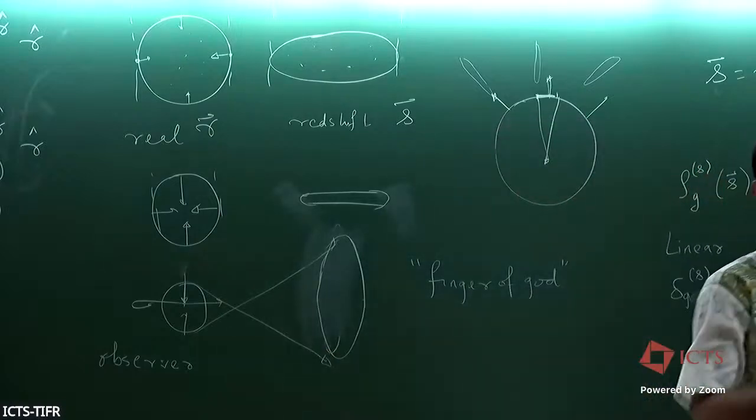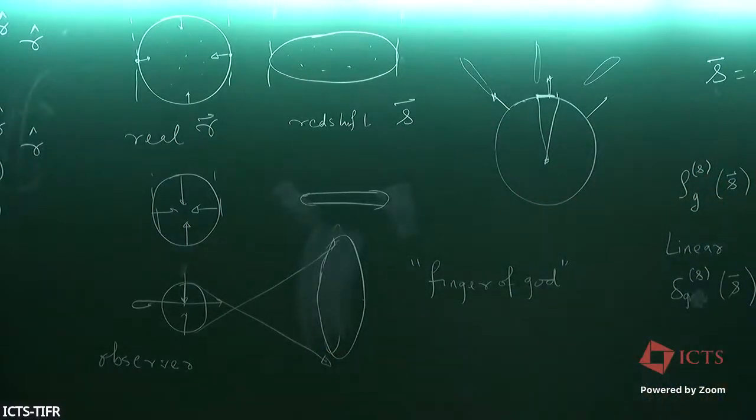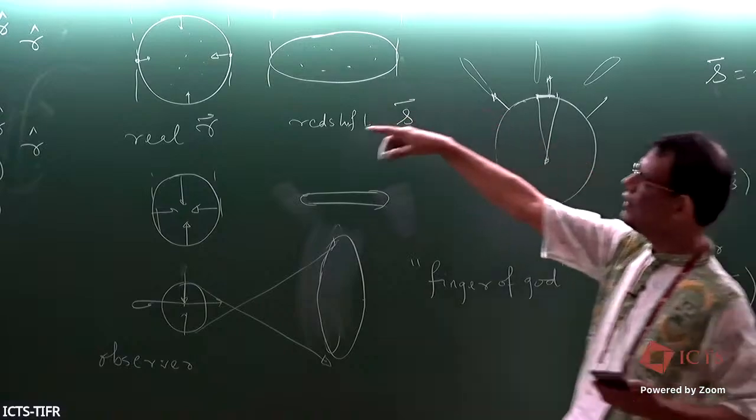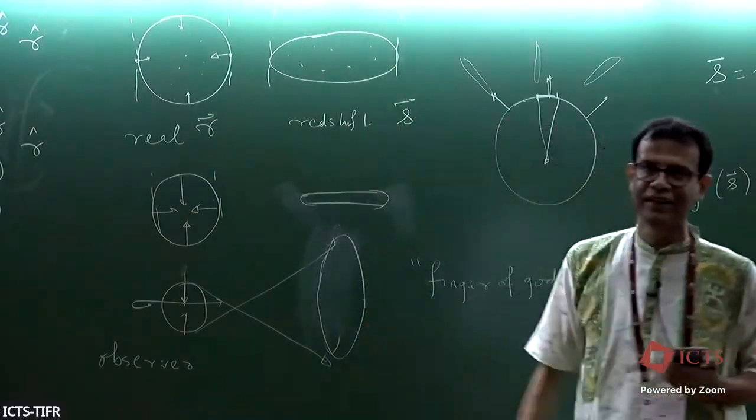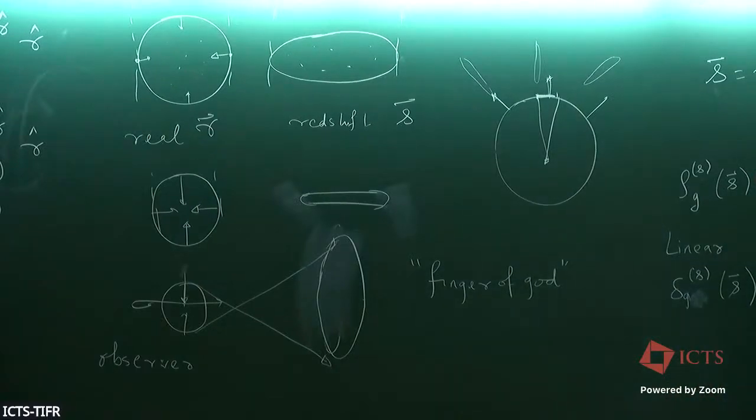So effectively, overdense regions became more overdense. Similarly for underdense regions, the opposite happens. Things will be moving away because they are expanding, so this volume will increase. As a result, your fluctuations increase and the power spectrum increases. That is the effect of redshift space distortion.